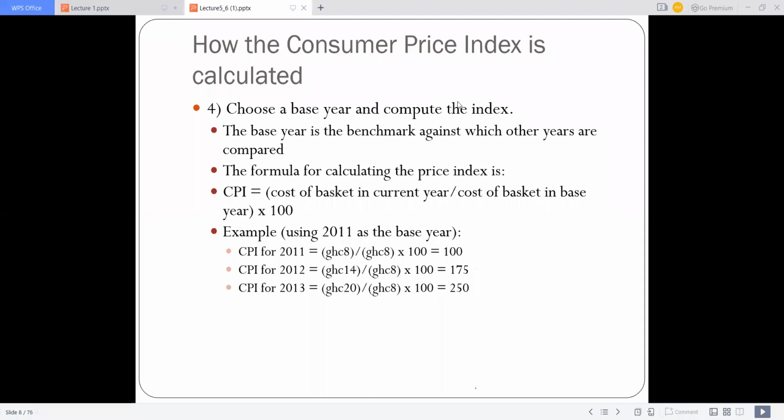Go ahead. Okay, so with the CPI, I've come across a question where, let's say there are two years, 2011 and 2012, and the goods are bread and fish. In the table, you have the quantity and the price for both bread and fish for 2011 and 2012.